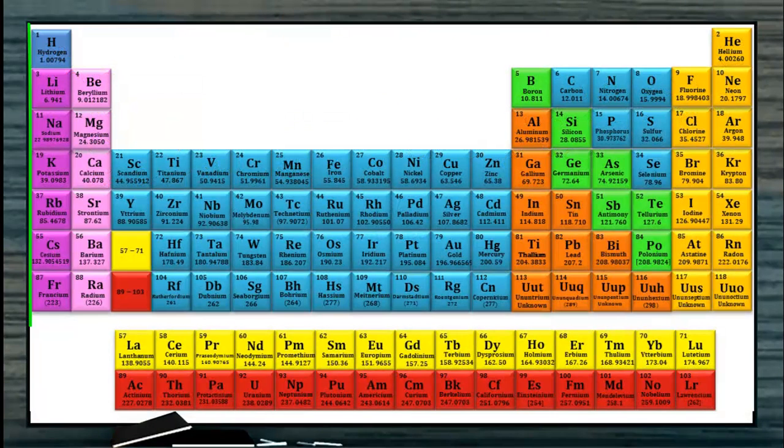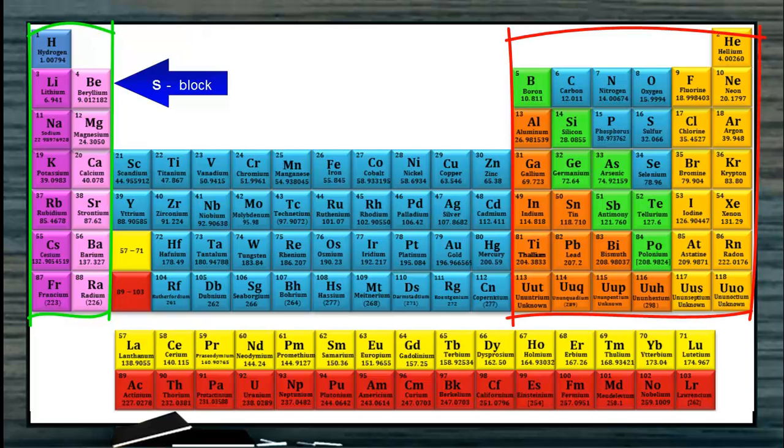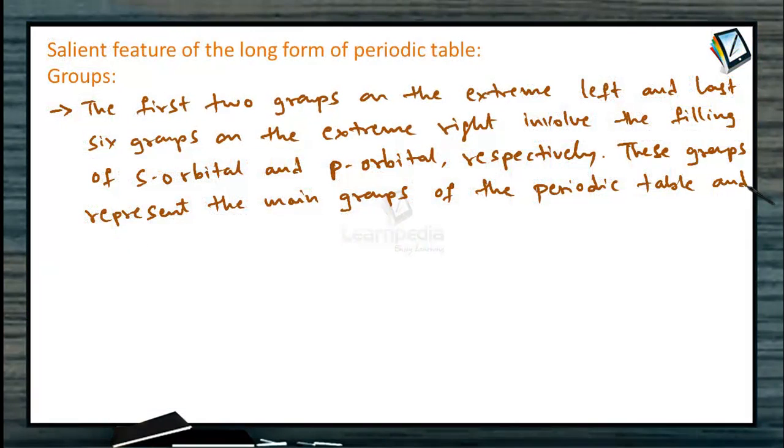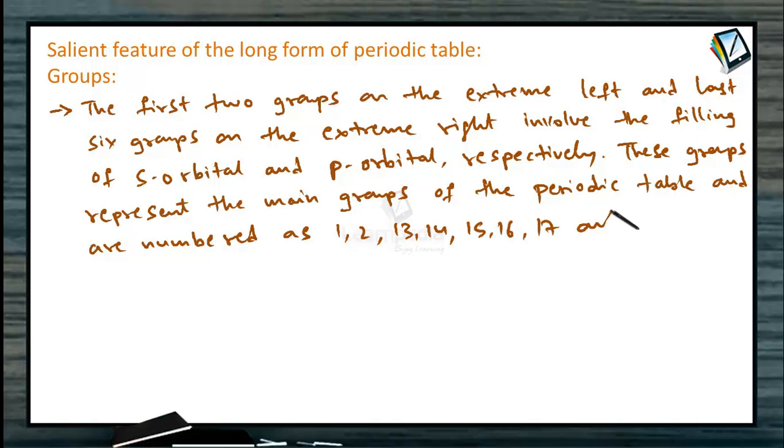In the first two groups of the periodic table, the electrons enter into the s orbital of a particular subshell, whereas in the last 6 groups, the electrons enter into the p orbital of a particular subshell. These groups, the first two as well as the last 6, represent the main groups of the periodic table. The first two are numbered as 1 and 2, and the last 6 are numbered from 13 to 18.